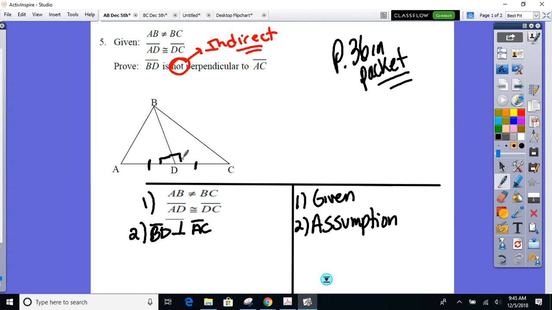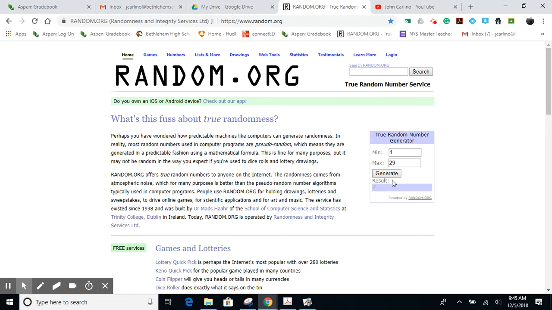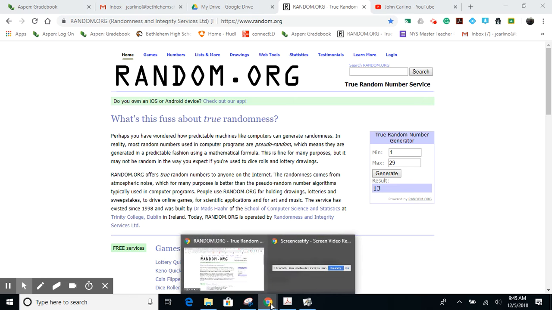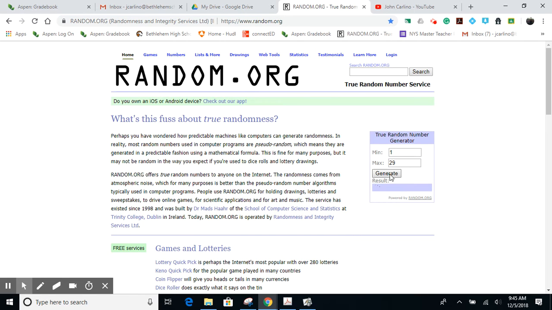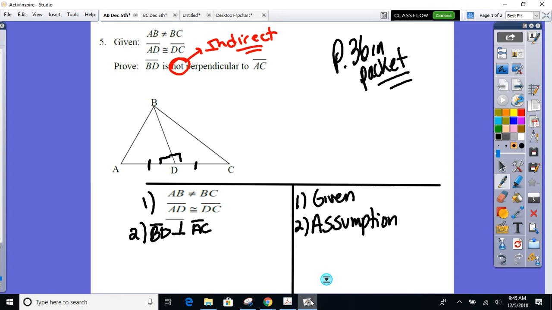Your goal is to contradict one of the givens. So everyone look, I gave you 2 givens. Which one do you think you're going to contradict? Let's start here. At these 2 givens, which one is it going to be easiest to contradict?